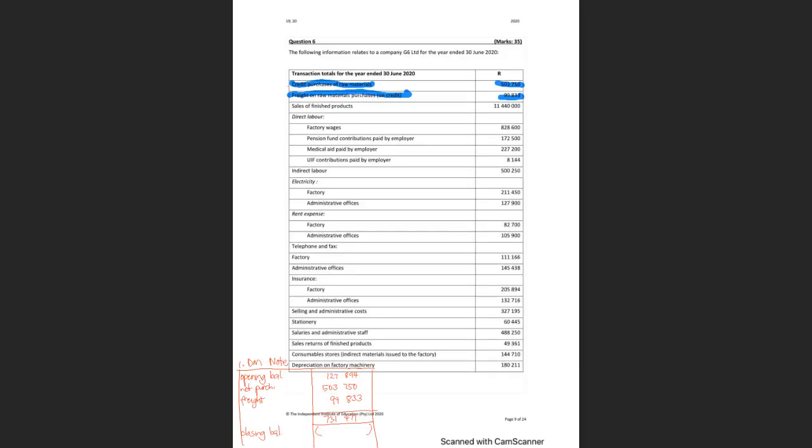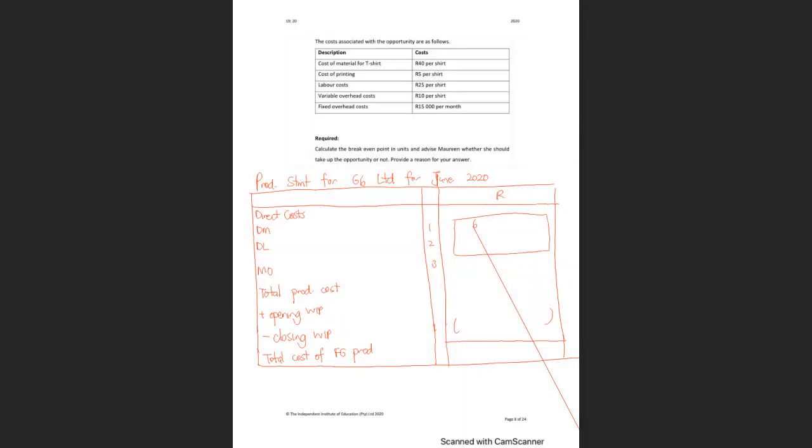So you're going to subtract the 99,000, and your final answer from your direct material account now is 632,477. So immediately we're going to put that 632,477 in line with your direct material into your production statement.